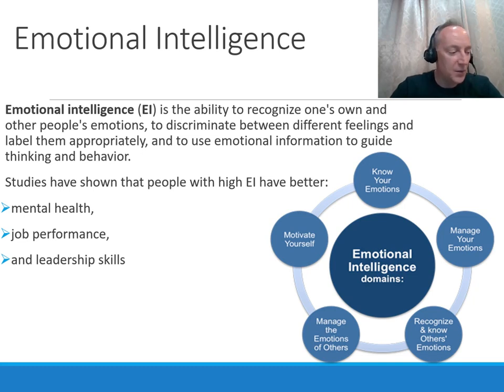And studies on emotional intelligence have shown us that the higher your emotional intelligence, the better for you. You'll have better mental health, tend to do better at work, tend to do better socially. Most good leaders, except maybe in modern times, have had really good emotional intelligence.